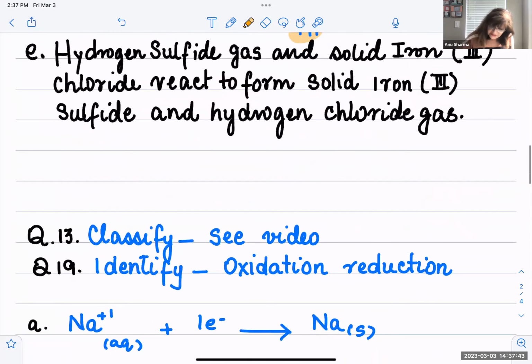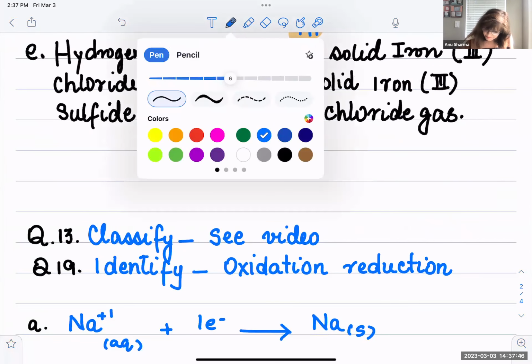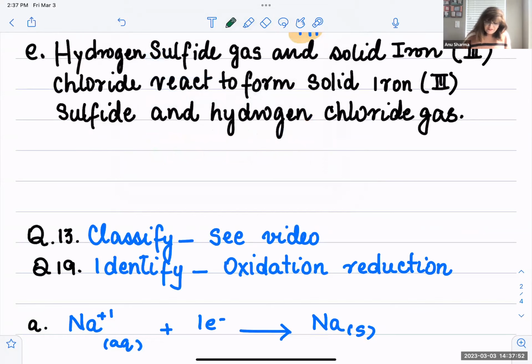Now let's look at the next one. Let's put it with a different color. Next is hydrogen sulfide gas. Hydrogen sulfide gas is H2S and gas is g.